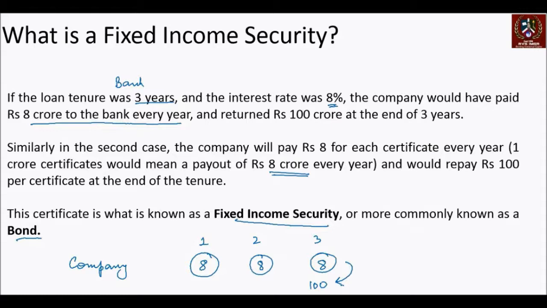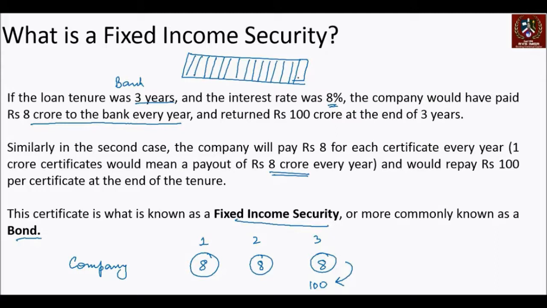Each of these certificates is effectively a bond or a fixed income security, and essentially it's nothing but a breakup of a bigger loan. So if the earlier concept was that the entire loan was taken from the bank, now you're breaking that loan into smaller chunks and taking that from individual investors or corporate investors, depending on the demand of that loan.